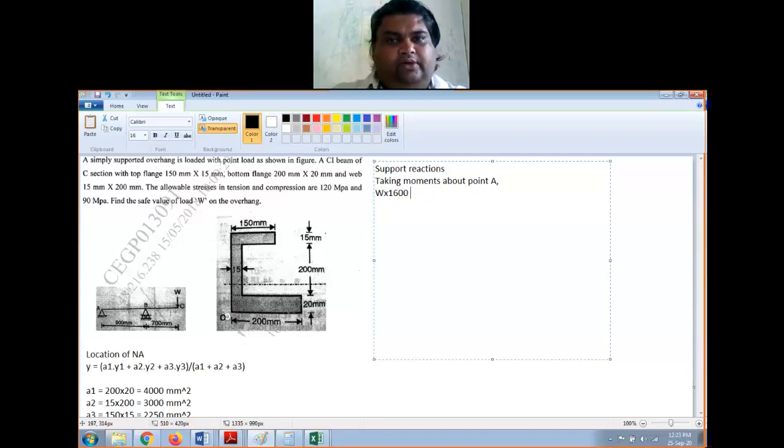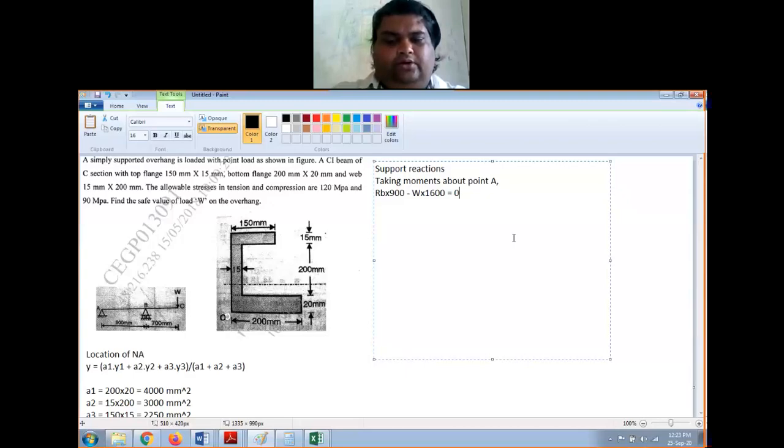This is downward, right? So that will come later. Before that, I have RB into 900, and this will be minus W into 1600, and that is equal to 0.